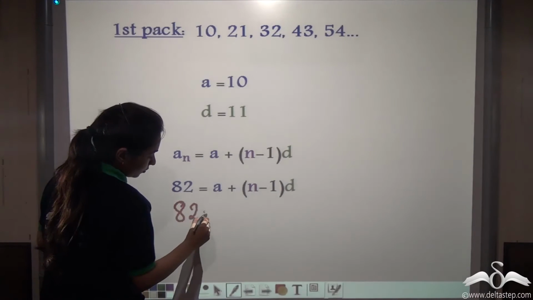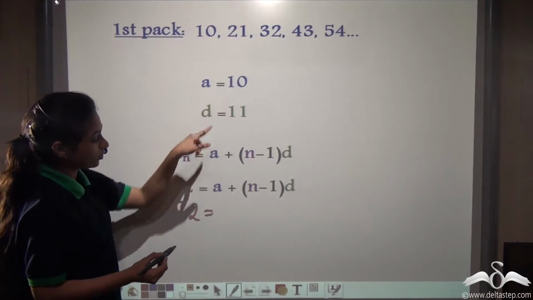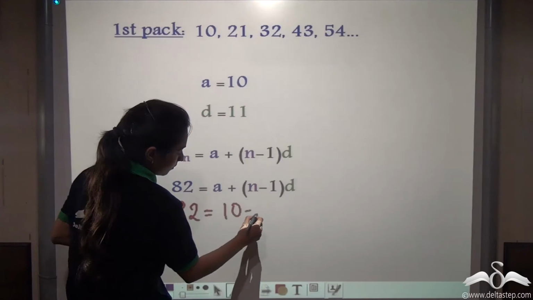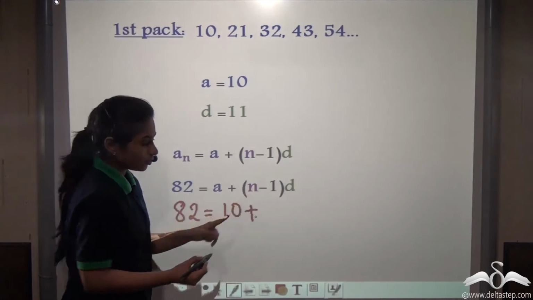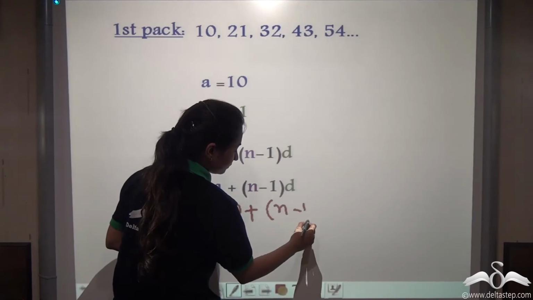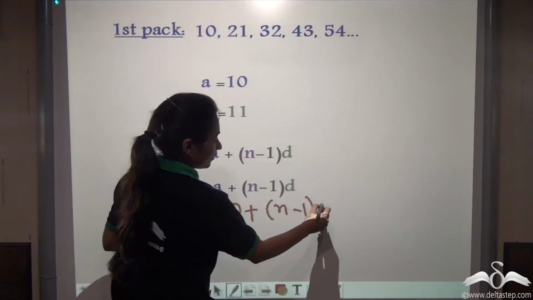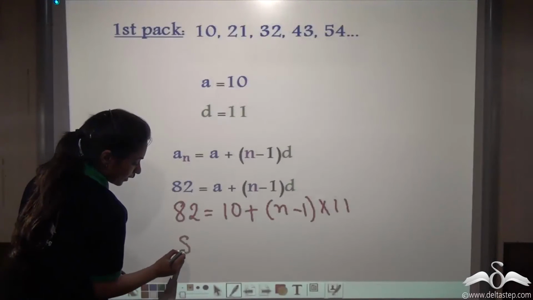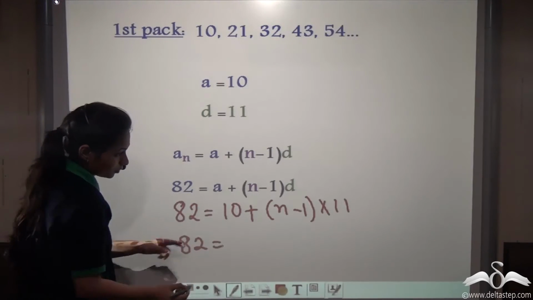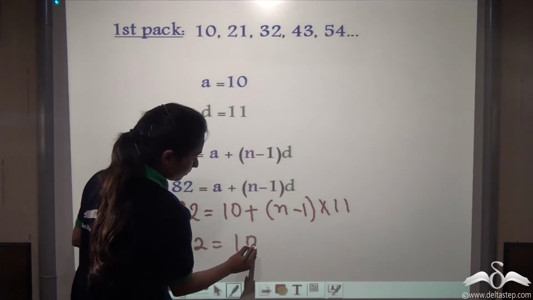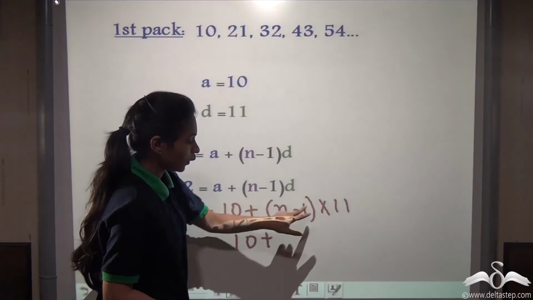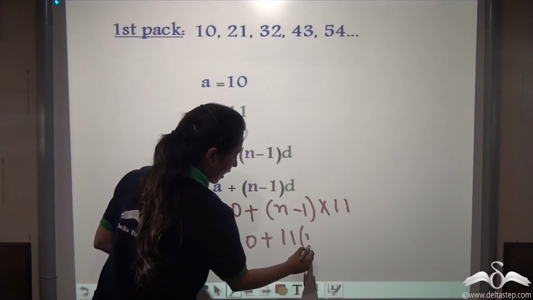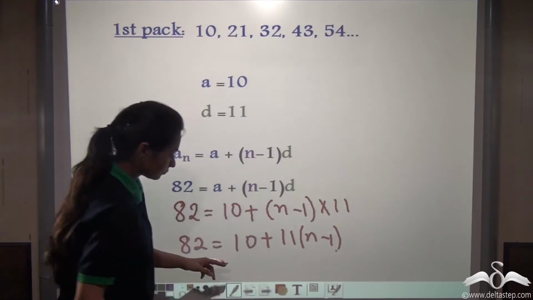82 is equal to, substitute a's value 10 plus, now we do not know n, so this will remain as n minus 1, and d is 11. Now we will solve it. So we get 82 is equal to 10 plus 11 n minus 1, right?